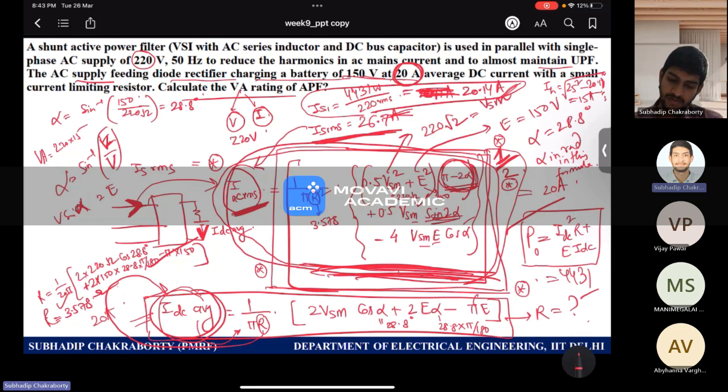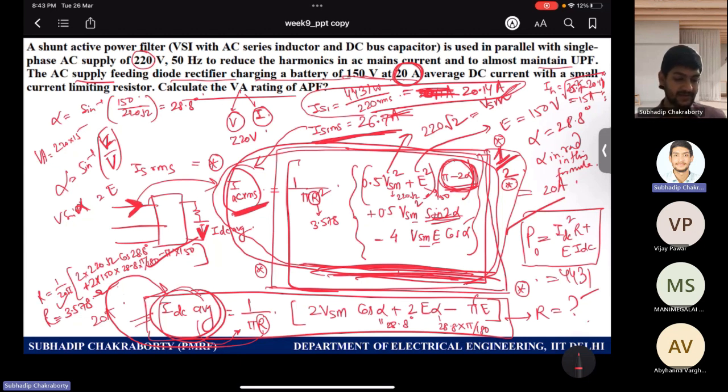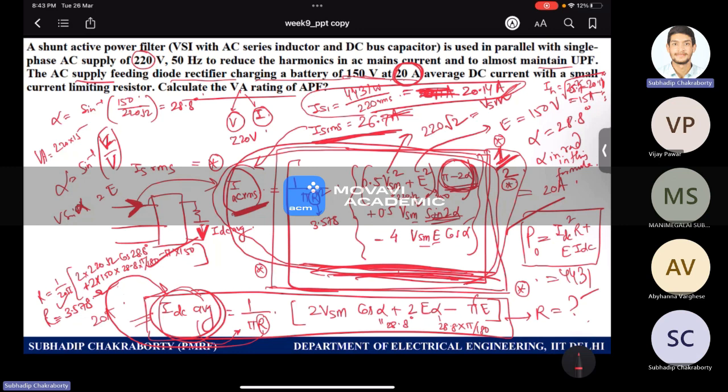So your harmonics current will be 26.7 square minus 20.14 square. Just calculate 26.7 square minus 20.14 square whole root over. 17.55. 17.5, yes.